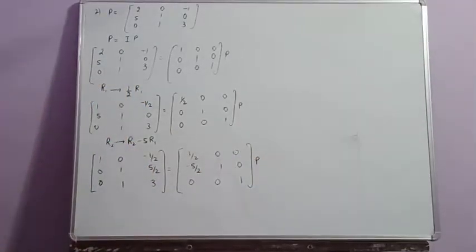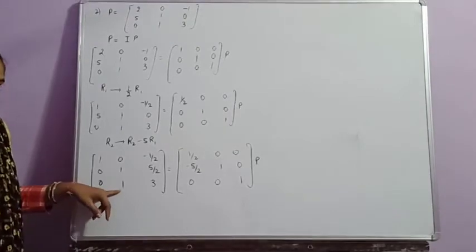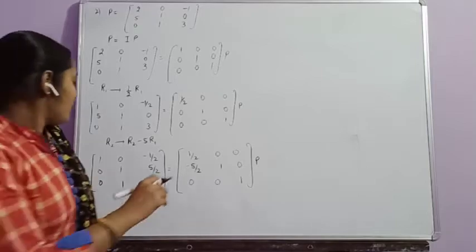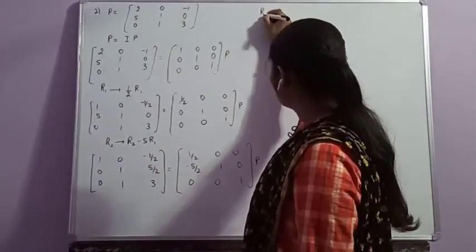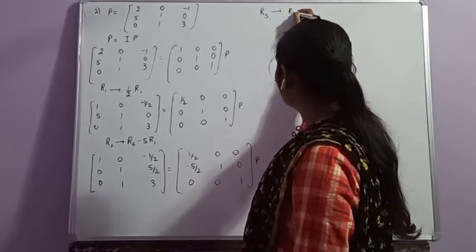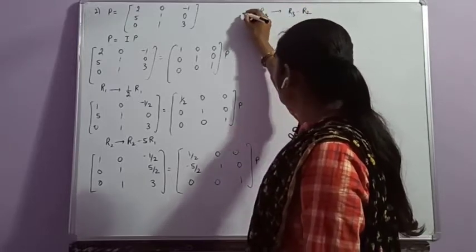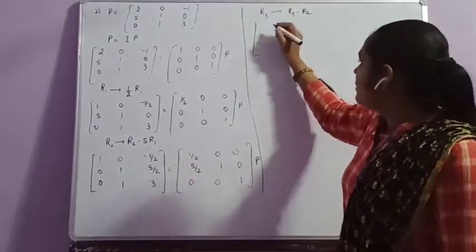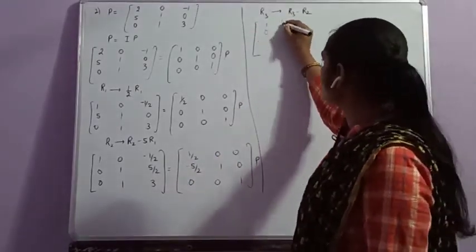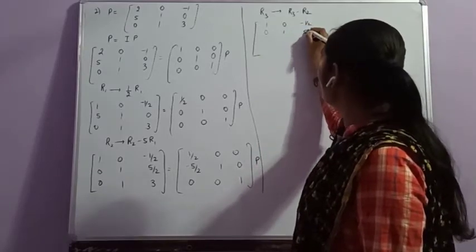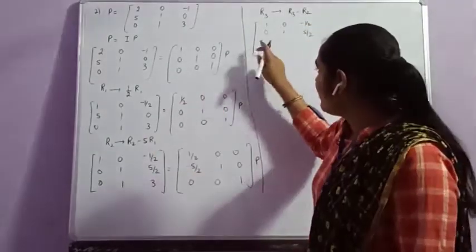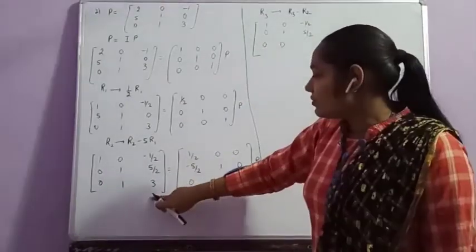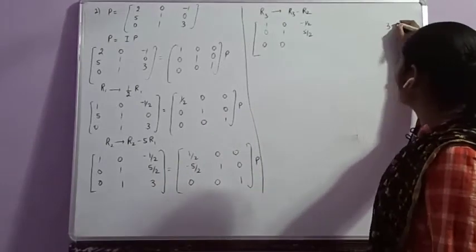Here we now apply the next operation to form 0 here, so we subtract R2 from R3, that is R3 becomes R3 minus R2. The first two rows remain the same: 0 1 minus 1 by 2 and 5 by 2. 0 minus 0 is 0, 1 minus 1 is 0, and 3 minus 5 by 2.